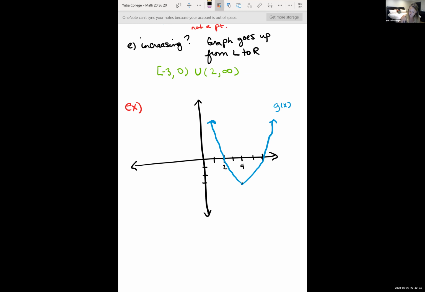Okay, let's do the other graph, the graph of f of x. And that's just a line. And you have a point at 2, 2.